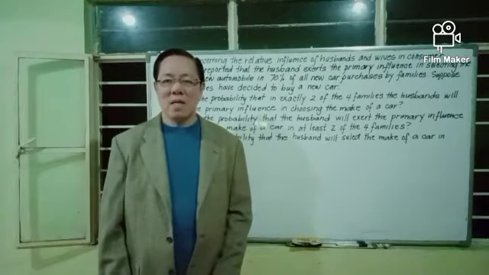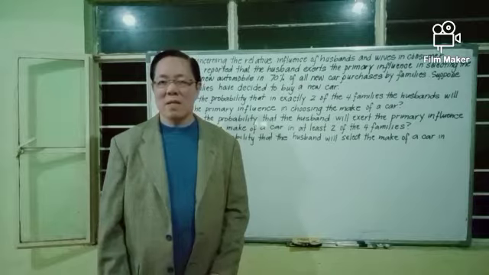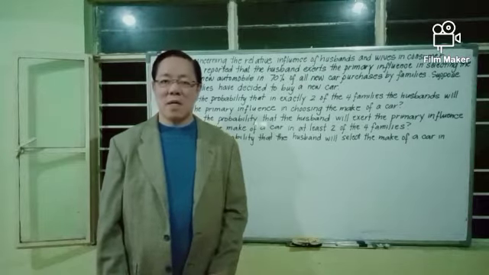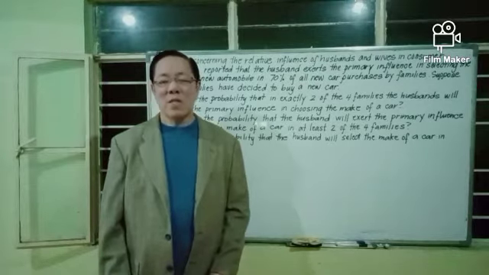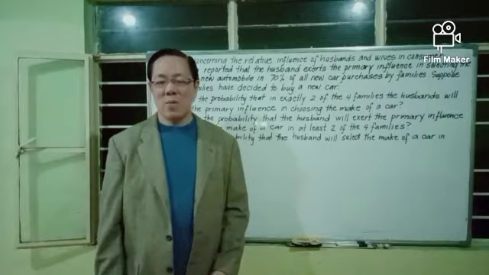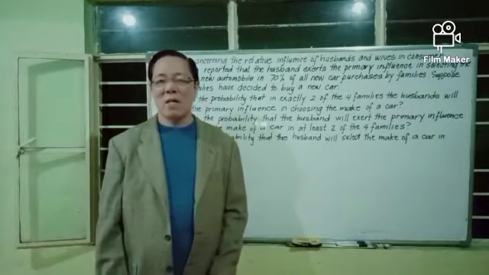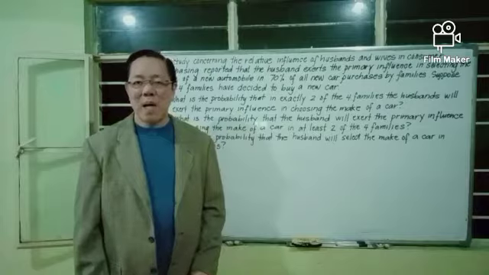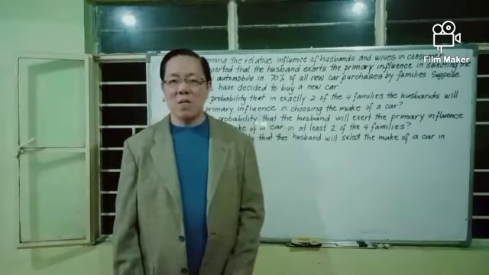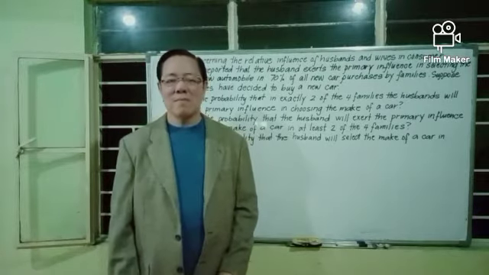And so we take this 70% as the probability of success, which is the probability that the husband will decide on the make or brand of new automobile that the family will buy.